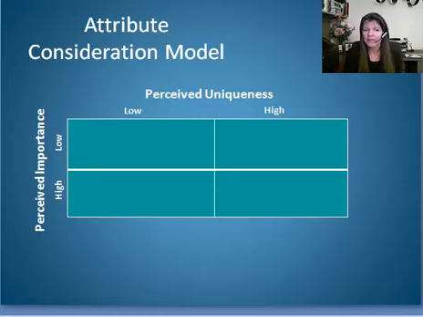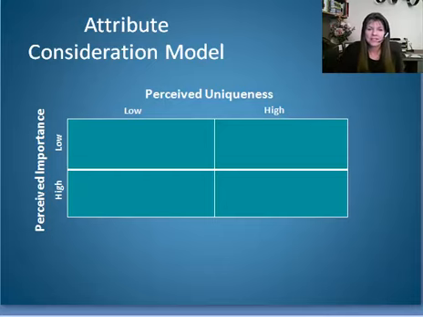So attribute consideration is a function of both perceived importance and perceived uniqueness. Okay? And I'm saying perceived because it's perceived to an individual, right? What they perceive as important, what they perceive as unique. So it relies on an individual's own perceptions.